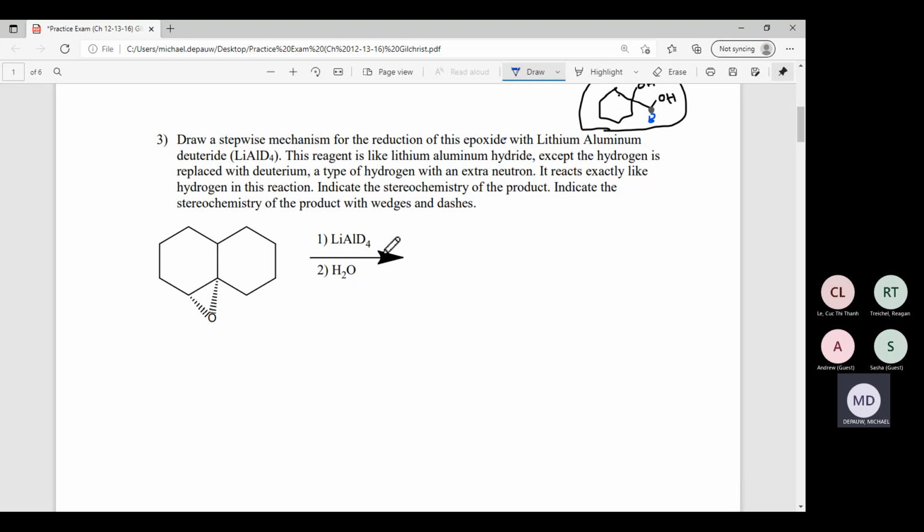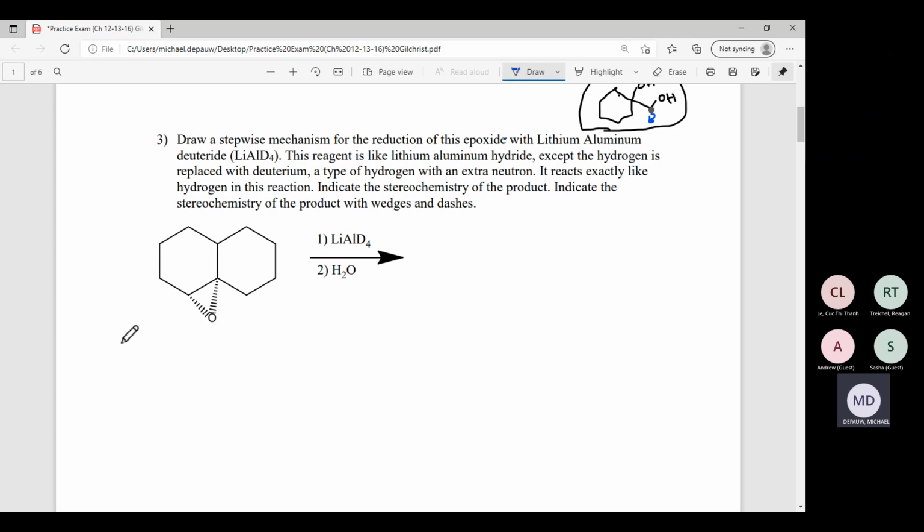All right, number 3. It says draw a stepwise mechanism for the reduction of this epoxide with lithium aluminum deuteride. The reagent is like lithium aluminum hydride, except the hydrogen is replaced with deuterium. So this is really not too complicated of a mechanism.